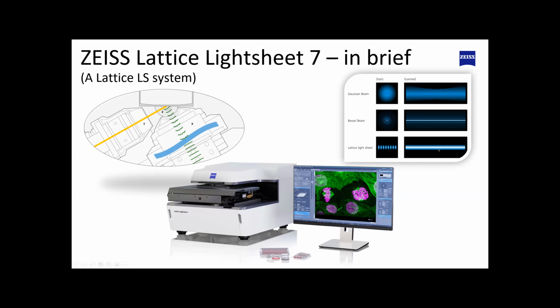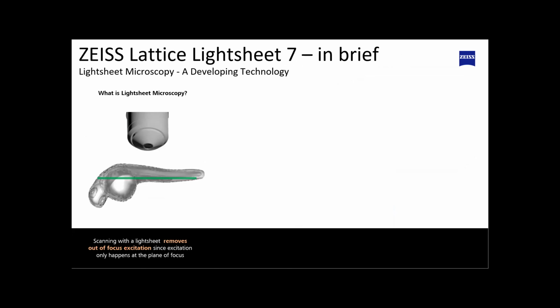And we use this single lattice to illuminate a stack of images at once. From the left-hand side here, you can already see our illumination objective and the detection objective. They are at an orthogonal angle to one another, but not relative to the specimen, which makes it more complicated. So let me jump through this.